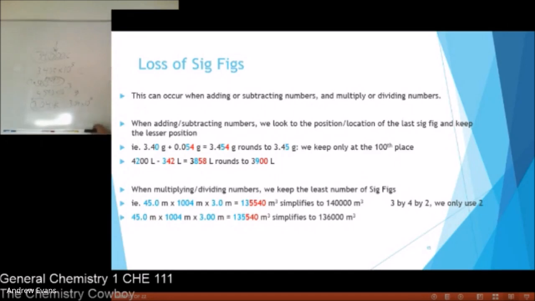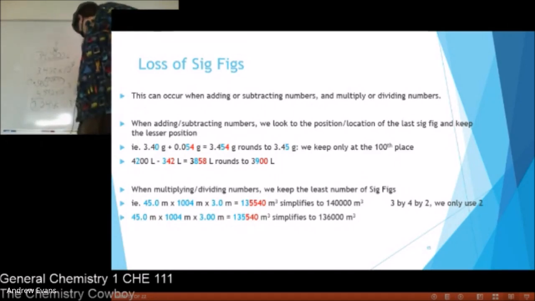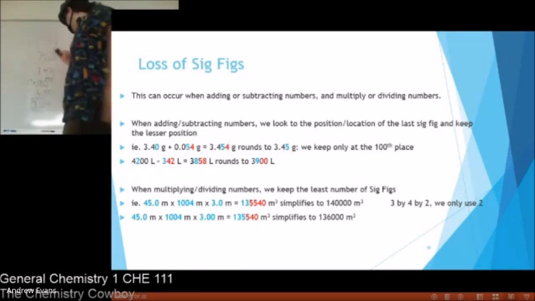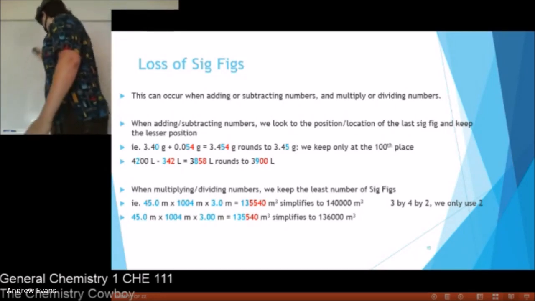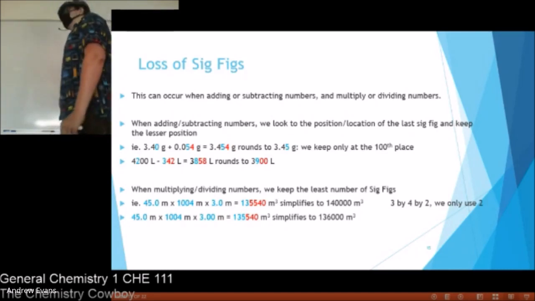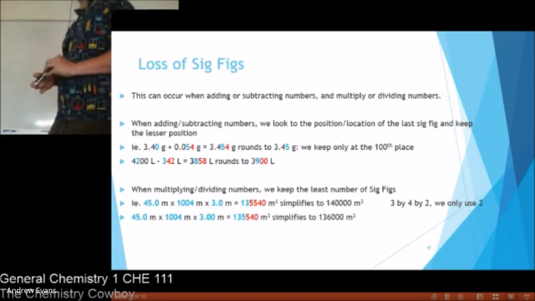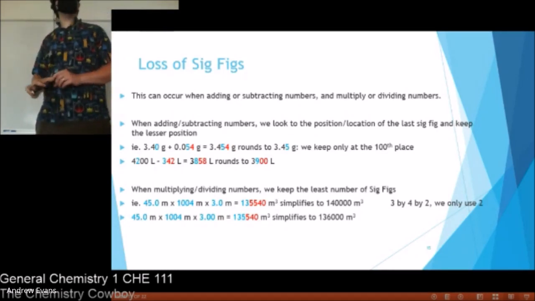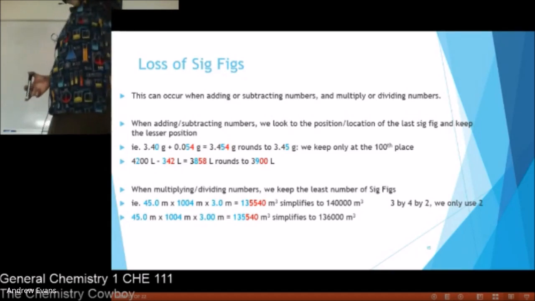Now, why are we bothering to learn this stuff? Because when we do calculations, we are going to be losing significant figures. And the rules for multiplication and division, addition and subtraction, will change how they lose them.